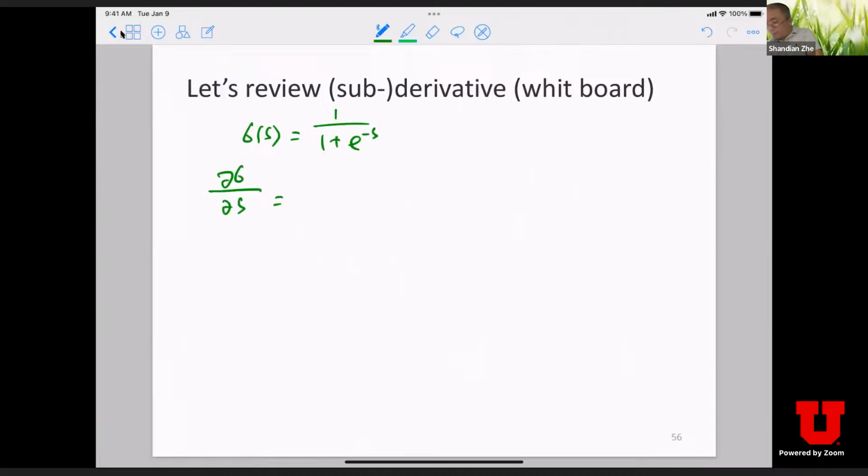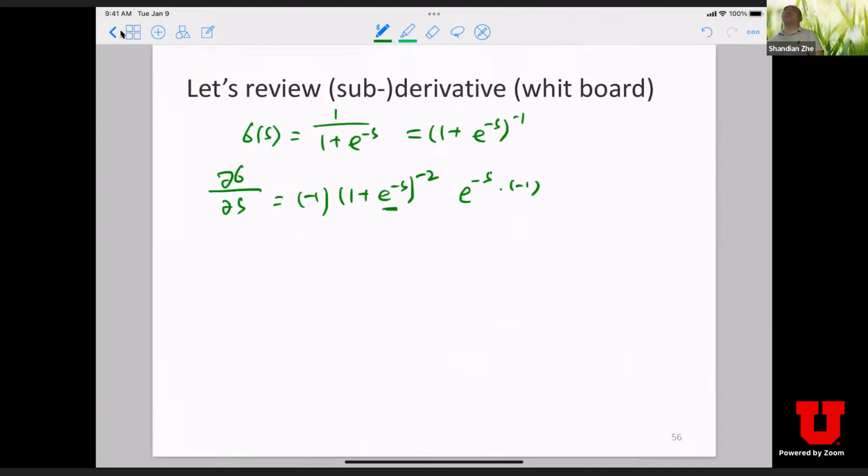This one is 1 plus e to the minus s, to the power of minus 1. You move the exponent in front, and get 1 plus e to the minus s to the power of minus 2. Then you need to take the partial derivative of e to the power of minus s, which is simply e to the power of minus s, and then a minus sign.